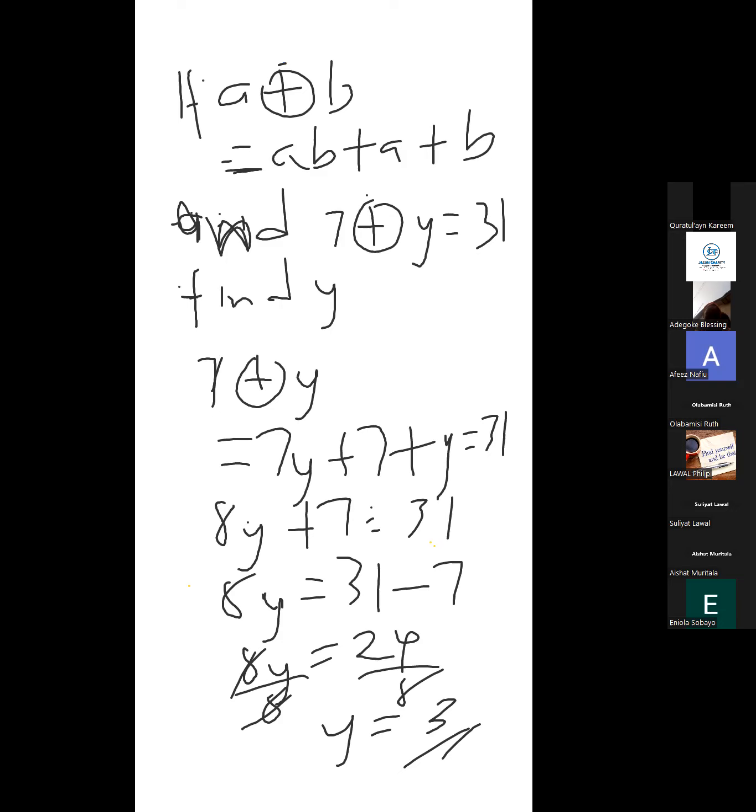It is very possible that I will operate 2 numbers and not be able to get that particular set of number. But in this case, it is closed because I used 7, positive whole number, I was able to get 3, positive whole number, and my answer is 31, positive whole number. So I will say this binary operation is closed.